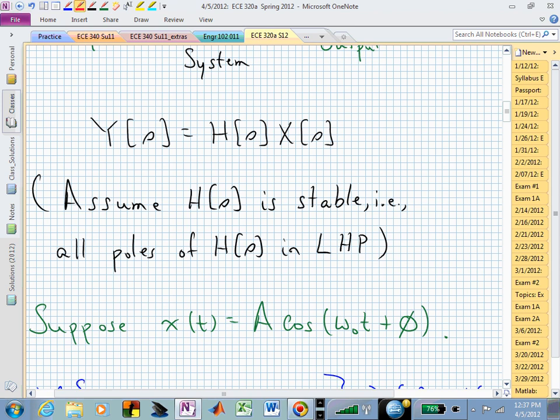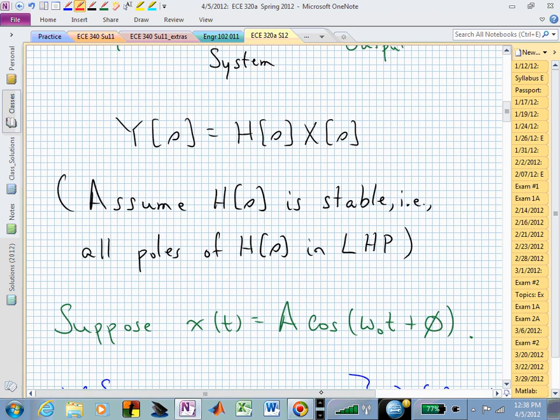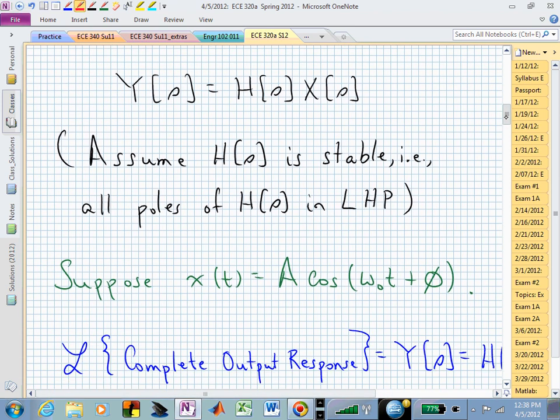If it wasn't stable, then if we start shaking an unstable system, it's going to blow up, burn up. It's going to be destroyed, or it's going to saturate. Something will happen that we don't like, probably, if we shake an unstable system. So we're going to assume our system is stable. H of S then has all of its poles in the left half plane.